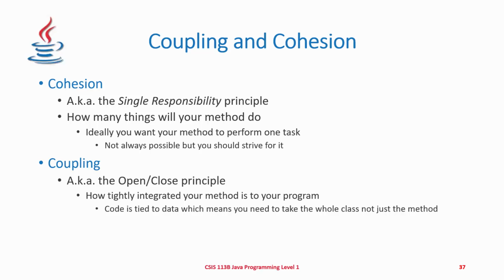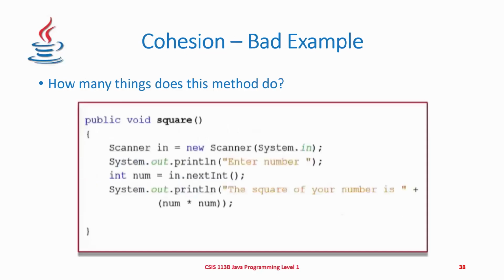If the code is tied to the data, which means that you need to take the whole class, not just the method, that could be problematic as well. I just mainly want you to be familiar with that terminology, because it comes up a lot when we start debugging programs or looking at designing programs.